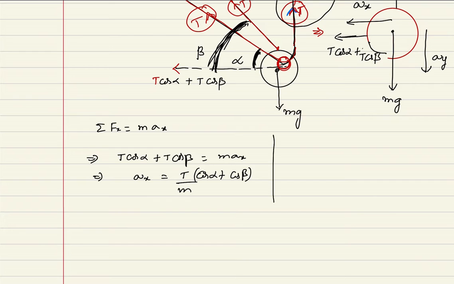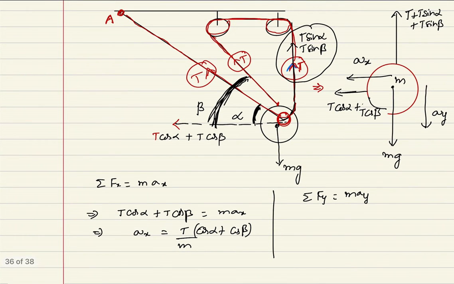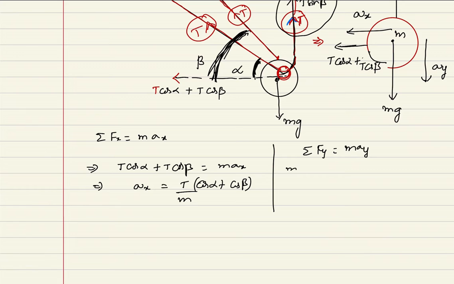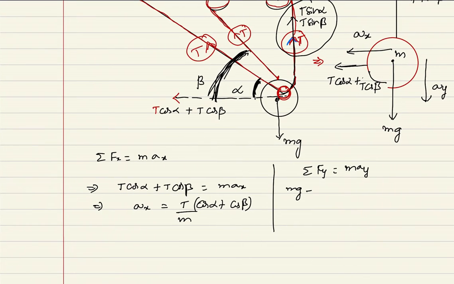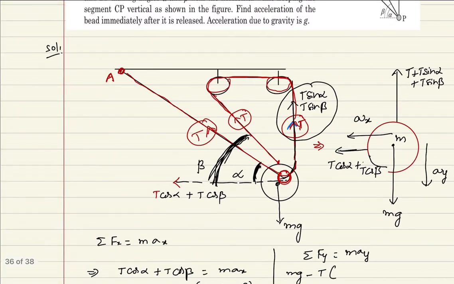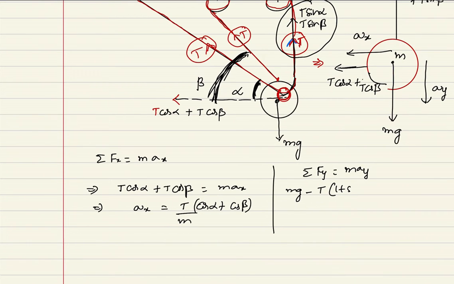Similarly, I am writing the ay value. The summation of Fy, the net force along the y-axis, is m into ay. Mass is m. As the disc is going in the downward direction, we can write the downward force mg minus the upward force, taking T common: 1 plus sin alpha plus sin beta, is equal to m into ay.